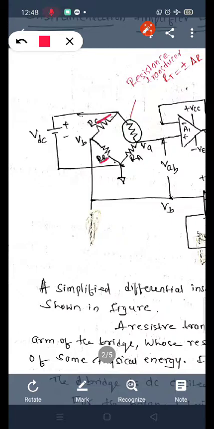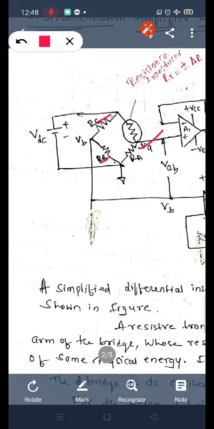However, voltage VA varies as a function of change in transducer resistance.